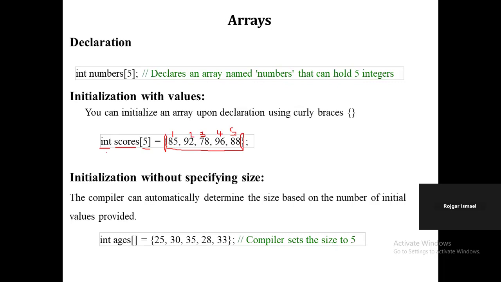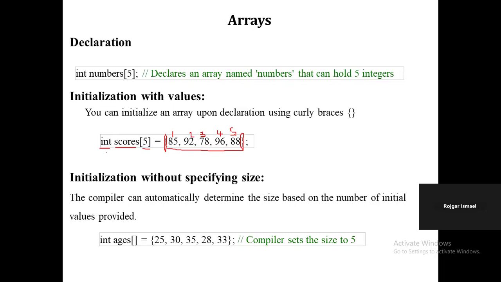Looking here, we haven't mentioned the array size, only integer ages. Integer, again, is the data type, and this is the array name. Between the curly braces, we haven't stated any size of the array. In this case, the compiler will automatically determine the size.